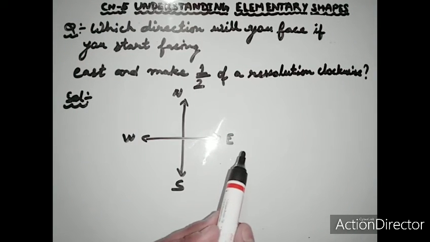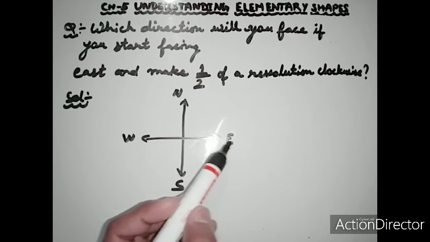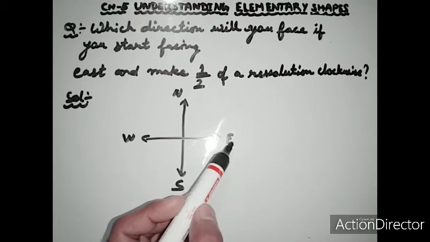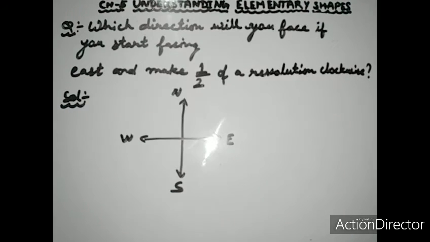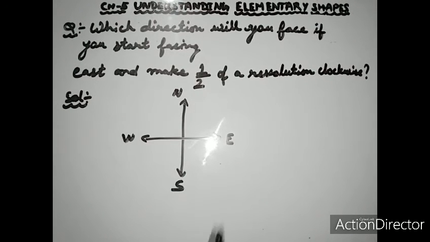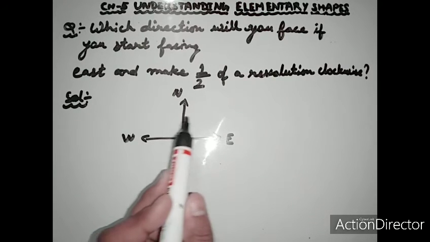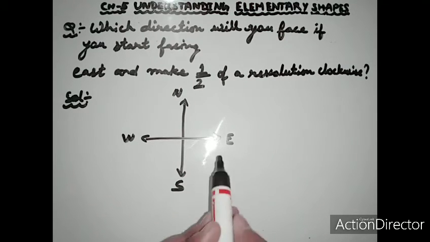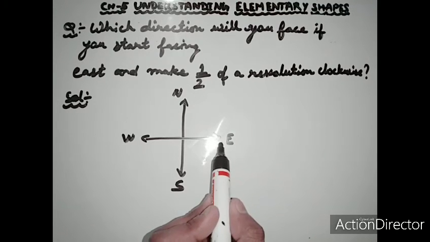So the position of the person is east side, right? It's facing east side, and it moves half of a revolution clockwise. So how do we move in clockwise direction? In this side, right? Okay, so if it moves half revolution, it means from here to here.